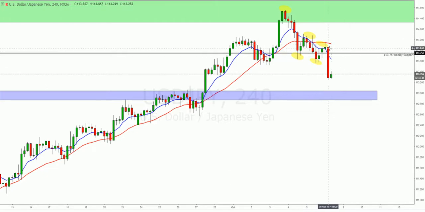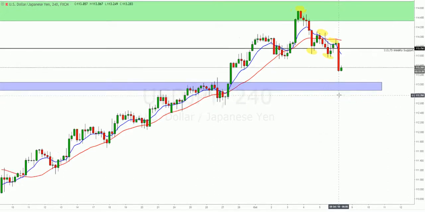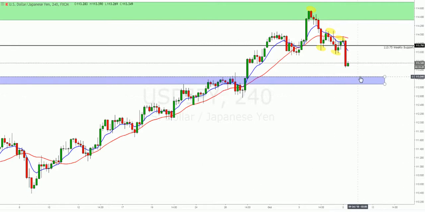Confirmed moving average crossover, big bearish candlestick, as we currently are retesting this 113.40 region. May even come back up to test 113.50 before extending towards that 113 level. And then we'll see how price responds around that level, watching for breaks to take it even lower, or about to go back to that 113.75.